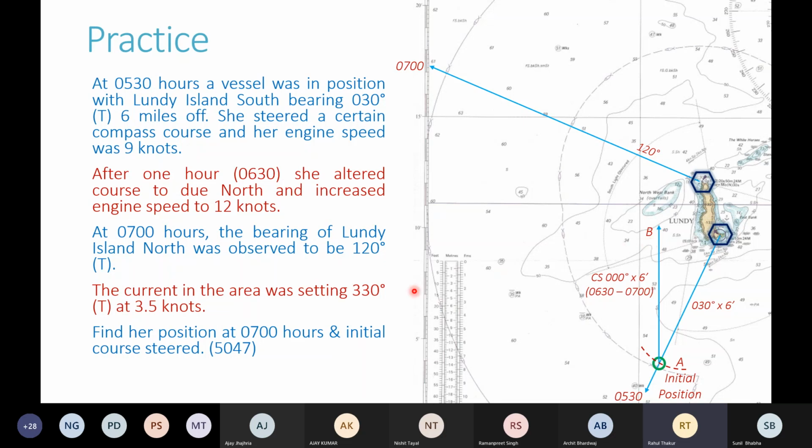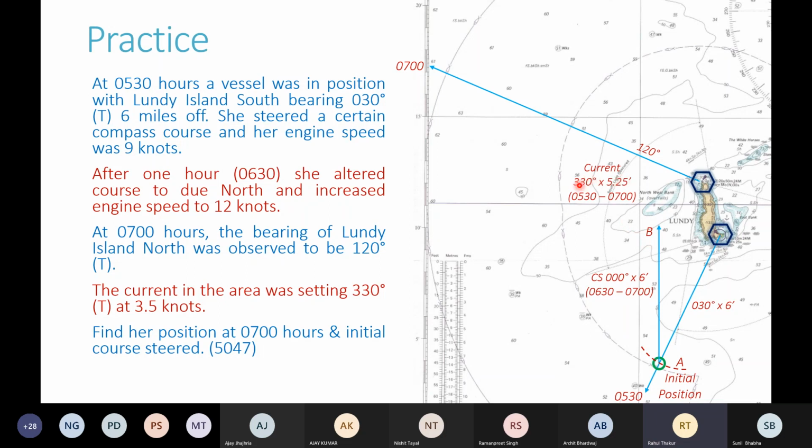Now the next information given to us is that the current in the area was setting 330 at 3.5 knots. This current has affected us for the entire duration of the passage, that is 1.5 hours. So the next thing which I am going to plot from point B now is the current vector for this entire period.